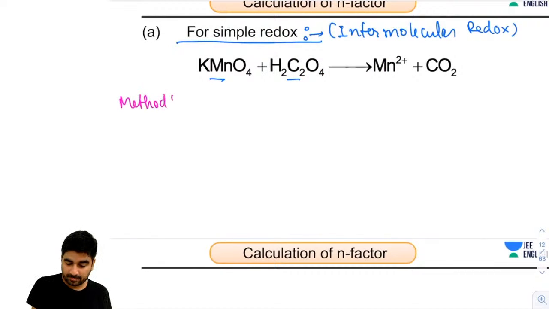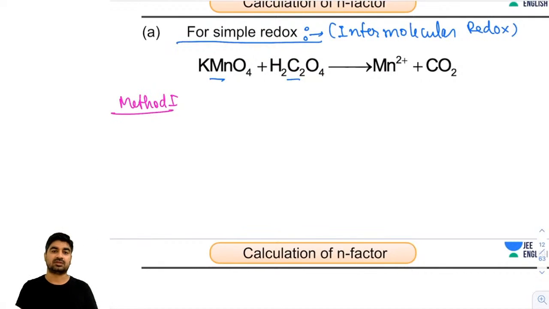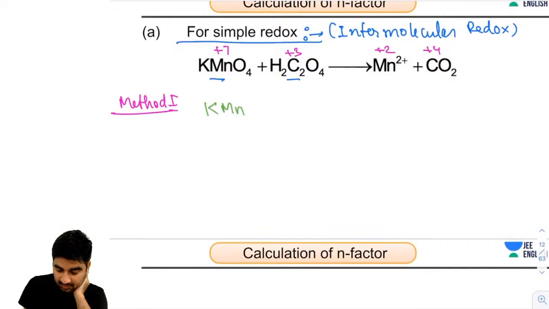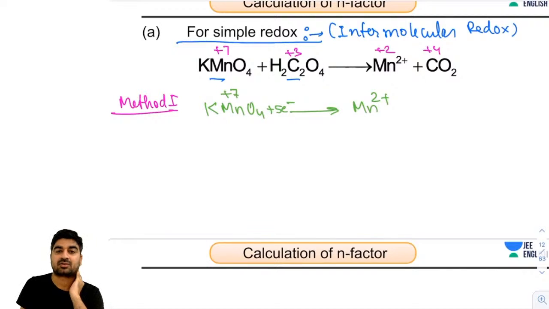Method 1. Yes, do it guys. Now as you can see, +7 to +2, +3 to +4. So here KMnO4 is going into Mn2+, +7, 5 electrons. Right? These are 5 electrons.